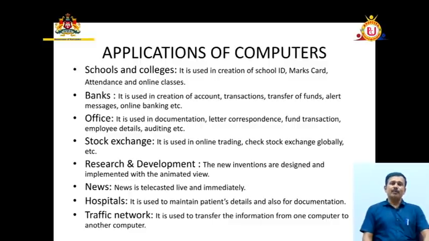Next, where we use these computers, that is the applications of computers: schools and colleges, banks, offices, stock exchange, research and development, news technology, hospitals and hospital management, traffic networks and many more application areas. So everywhere we use these computers. Nowadays we can also include homes too, because in each and every house, most people are using computers.